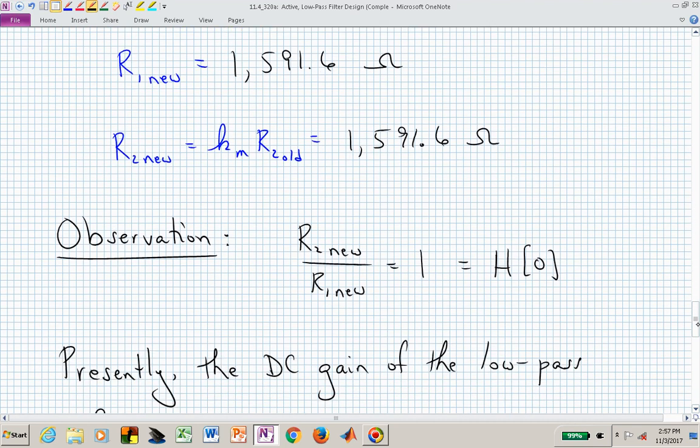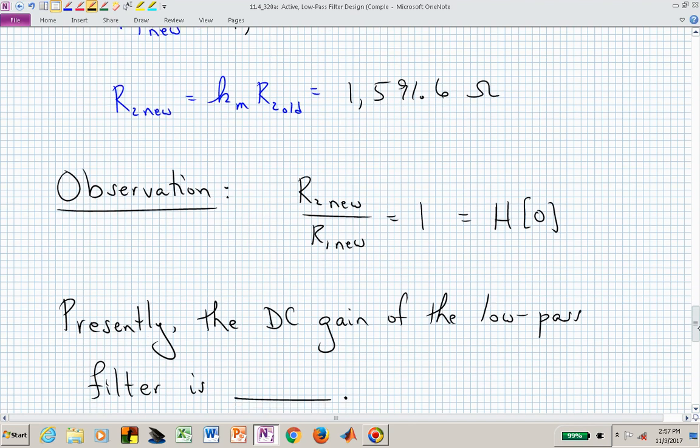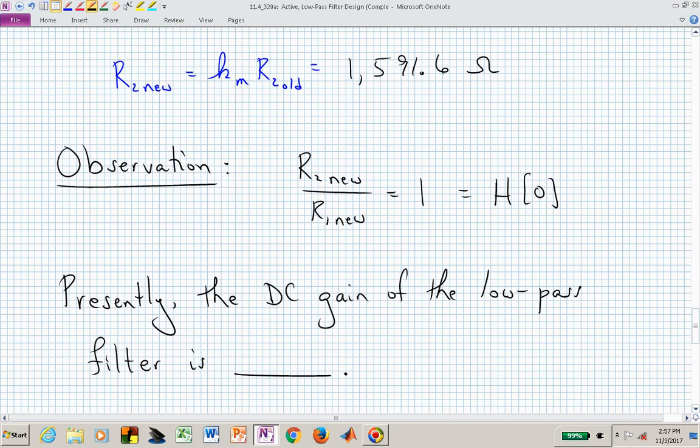Our DC gain is 1, or the gain in our circuit in the passband is 1, 0 dB. It's not 2. So here I've just answered this particular statement. Presently, the DC gain of the low-pass filter is 1, or 0 dB.